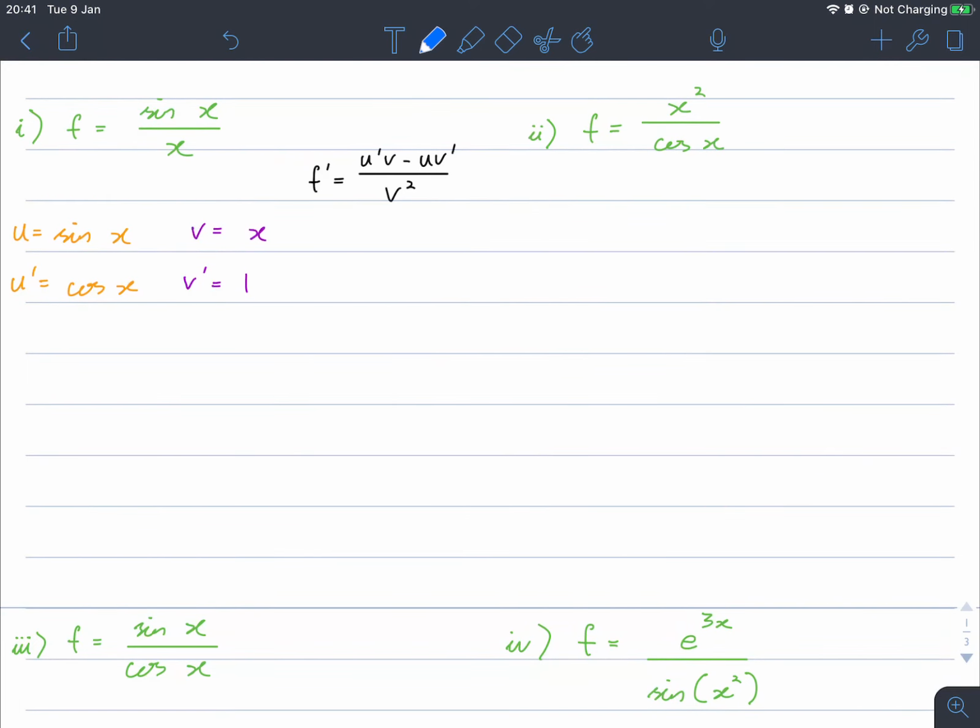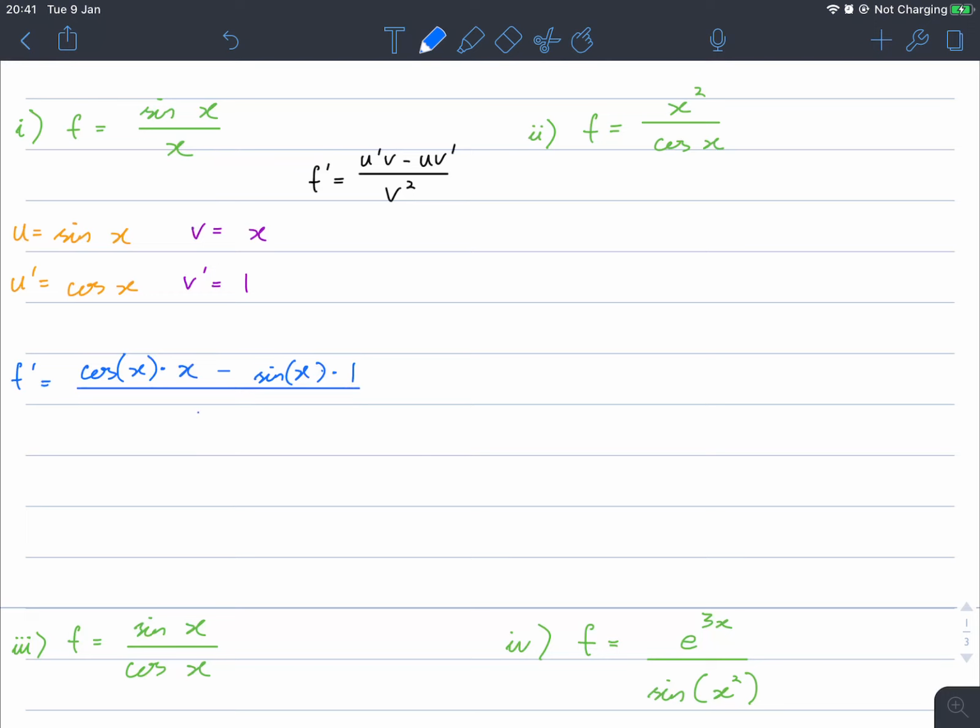Here we go, which means f prime will give me u prime, which is cosine of x, times v, which is x here. Now, not to be confused, this is cosine of x. Those two x's do not multiply. Minus u, which is sine of x, times 1, all over v squared.